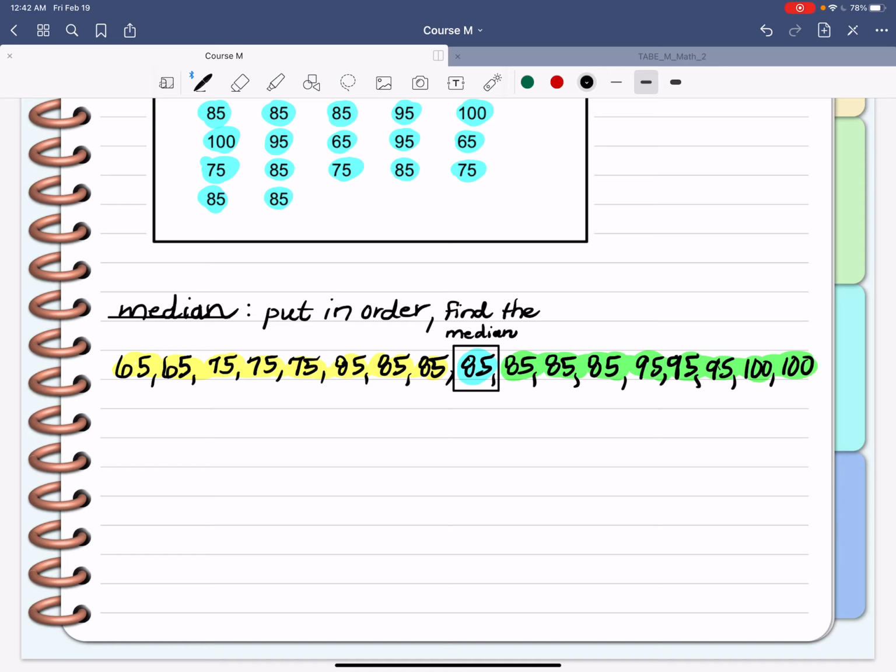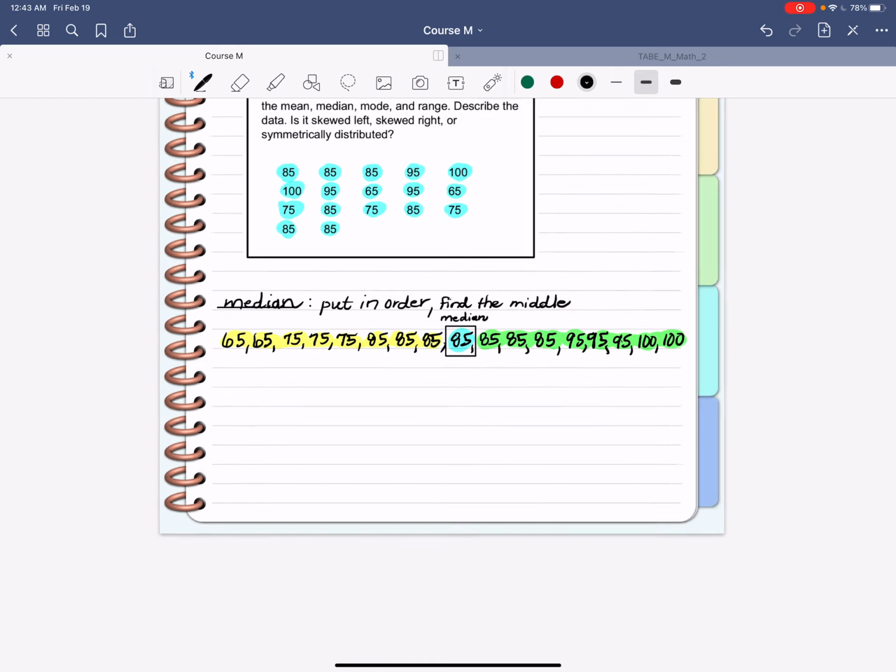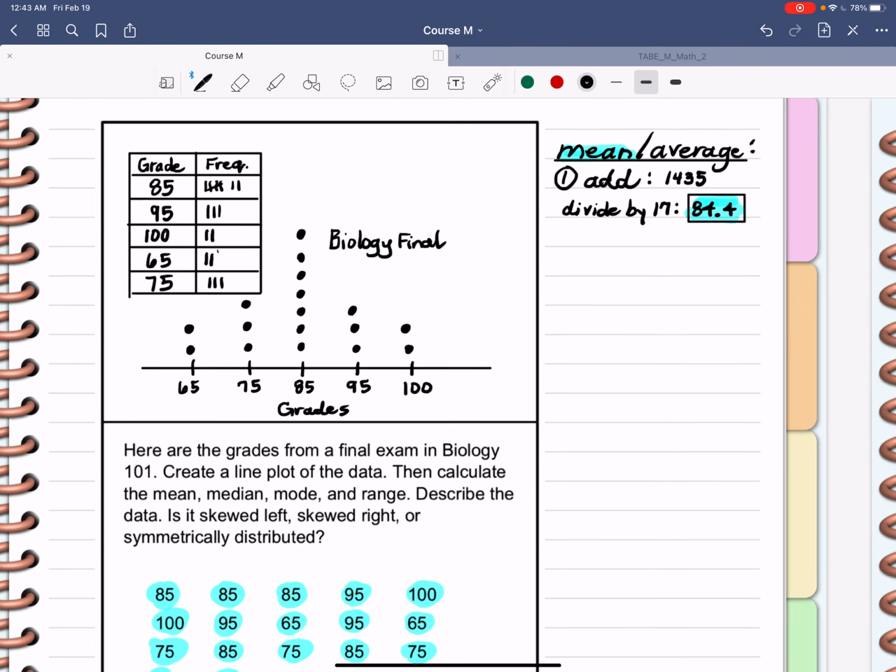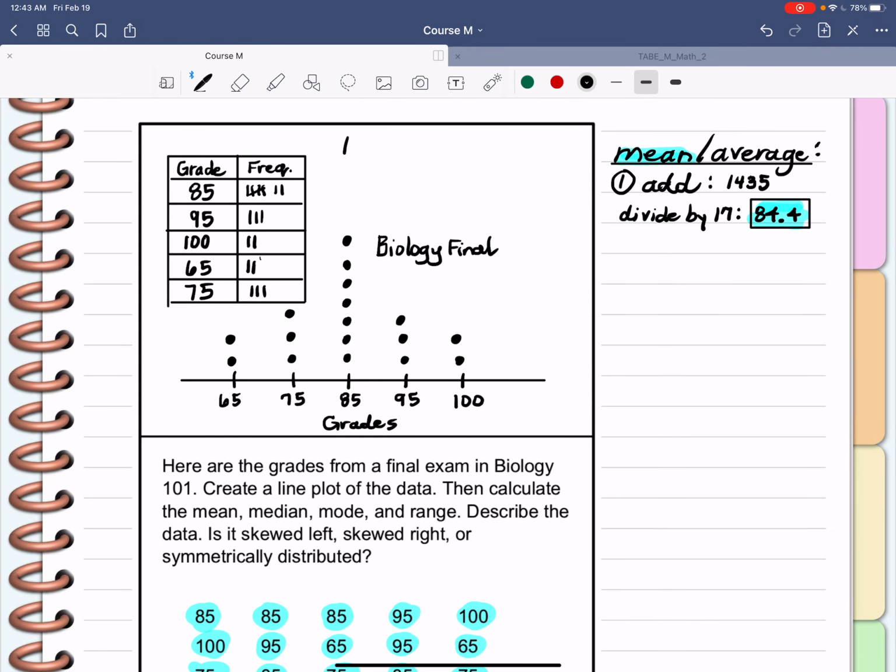Now let me show you on this graph how you can do that if you prefer. You know that there are 17 students. Half of 17 is 8.5.